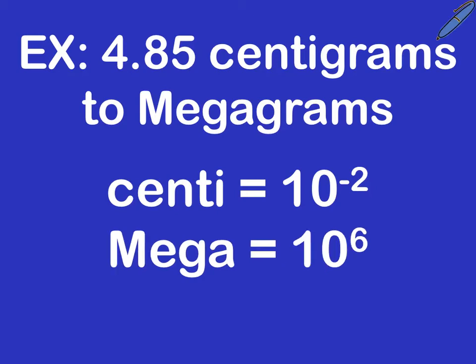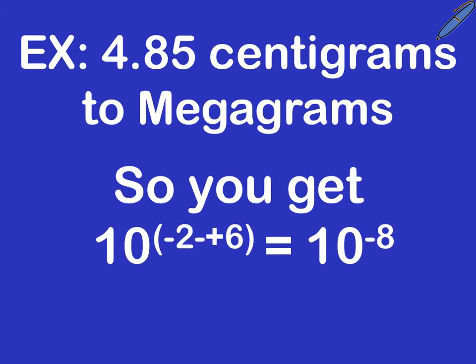So now we know what the powers of 10 are for those two prefixes. So what we do is subtract the ending prefix's power from the initial prefix's power. The ending prefix's power is positive 6, and we subtract that from the initial prefix's power, the minus 2. So 10 to the minus 2 minus a positive 6.